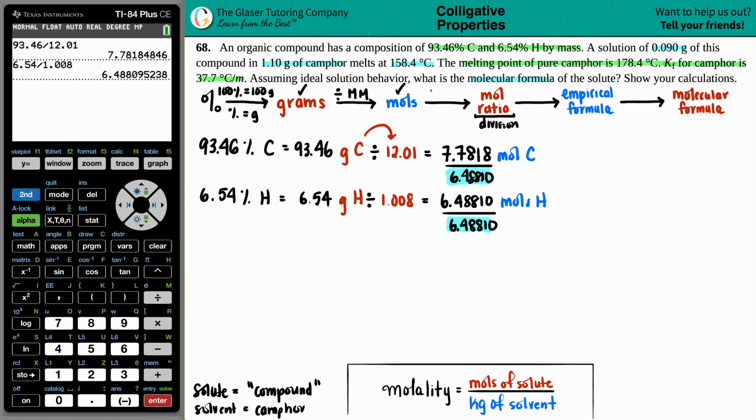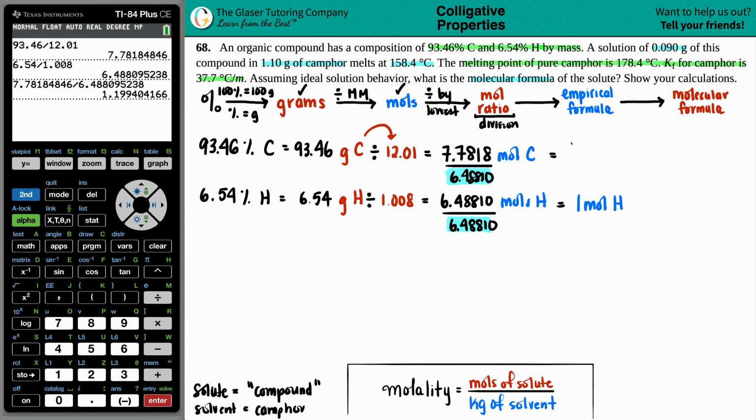So I'm going to say divide by lowest. This obviously comes out to being 1 mole of hydrogen. And now let's see how many moles of carbon I have. I'm going to take this number and divide it by the hydrogen number.